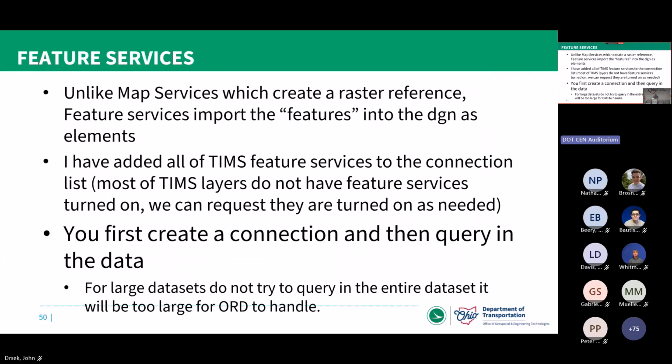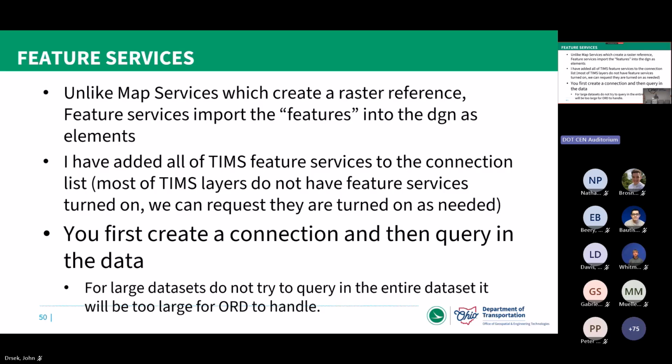Now switching over to feature services, unlike the map services, this will actually bring in the features as DGN elements into your file. So it's not creating a reference and attachment kind of thing. You're connecting to it and you're going to pull those in as elements.